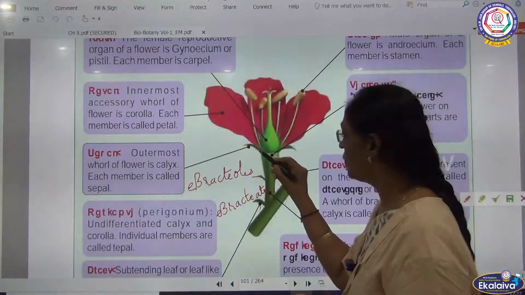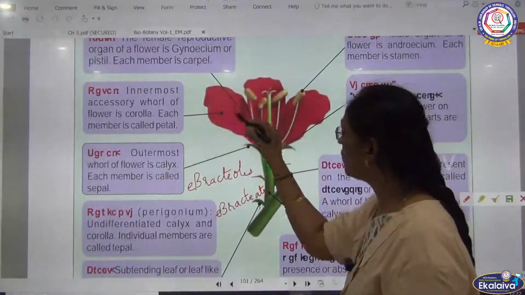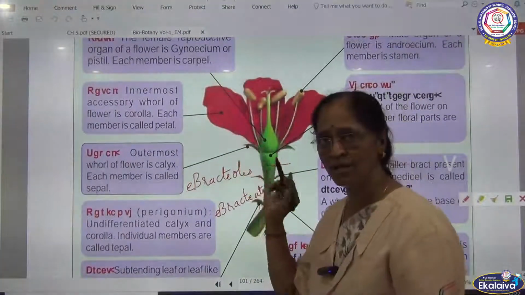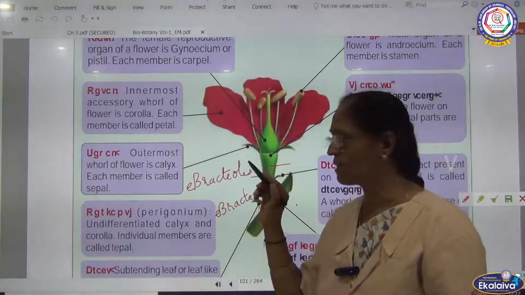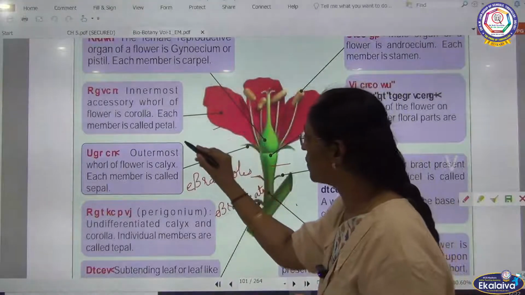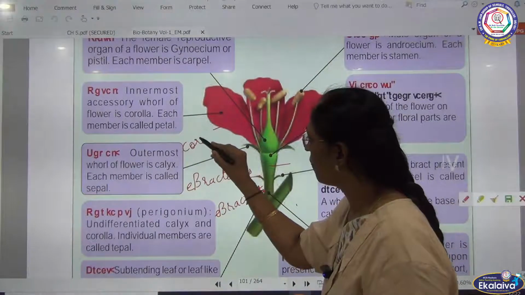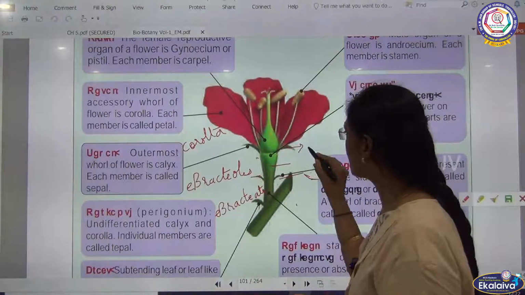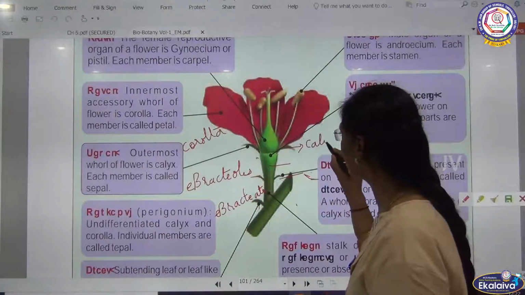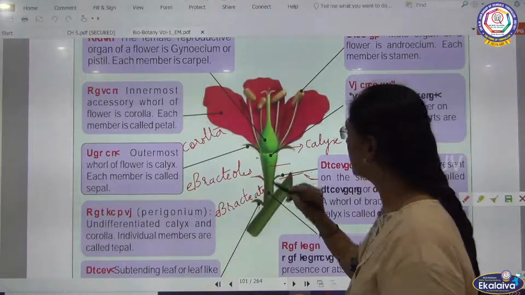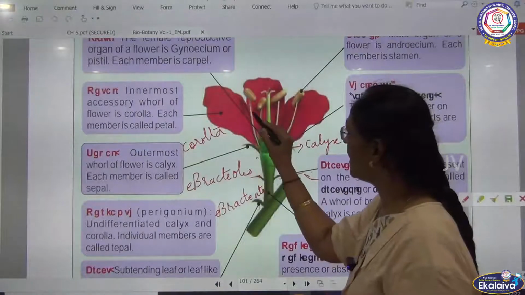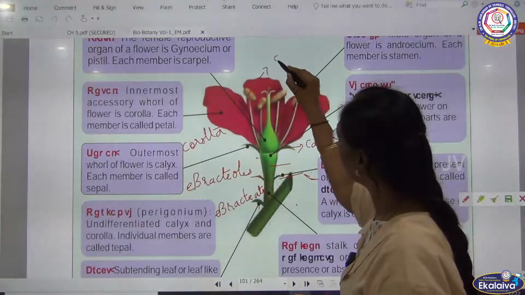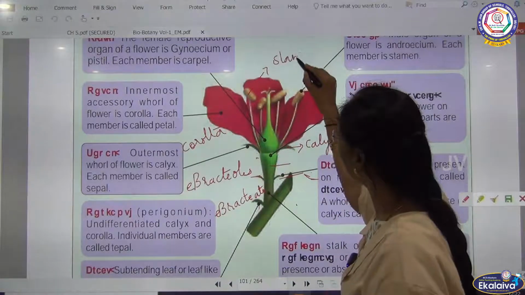Then you know that these floral parts, like the colorful part which helps in pollination, attracting the insects, you call this the corolla. And these green parts, what you call a calyx. And you will find the male part, which we call the stamen.